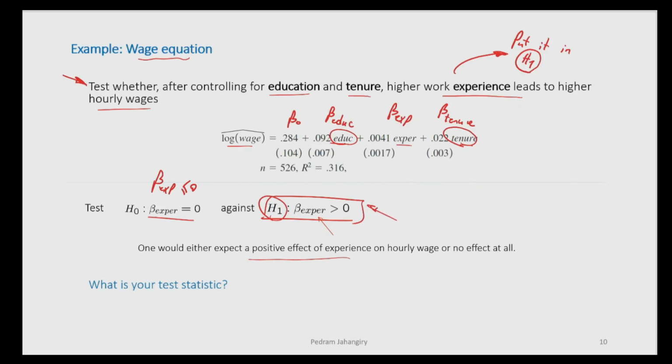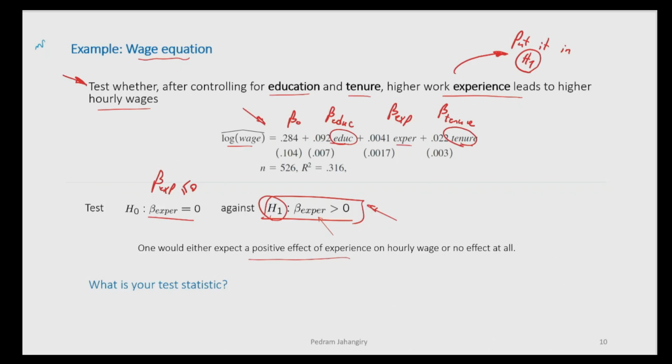So imagine you see the numbers, right? So these are the numbers that you get out of the regression. And here is a very subtle point, guys, that I want you to pay very good attention to. So let me use another color. I have a bunch of variables in the data set: wage, education, experience, tenure.